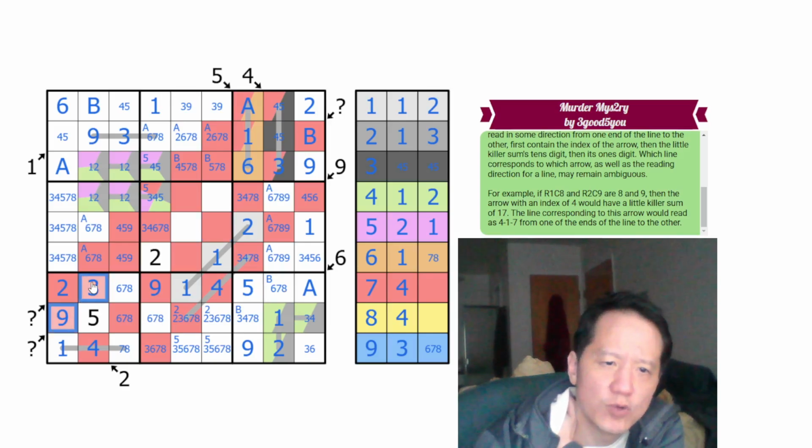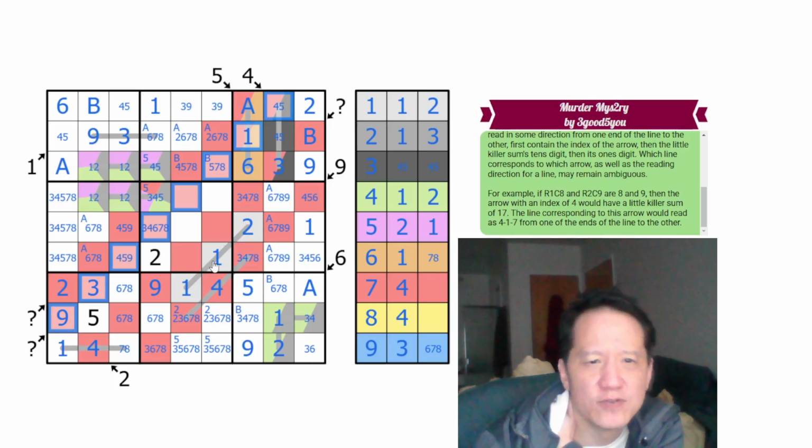This is 12. Do we look at what the minimum is? I don't think that's helpful.